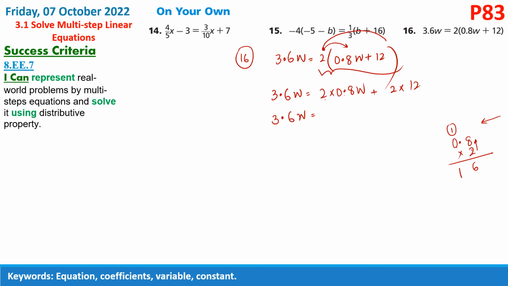So you can see after 8 there is a decimal. So from here also you will start moving from right to left. And then after one digit put the point here. So you will get 1.6W. Then this is the plus. 2 times 12 is 24.